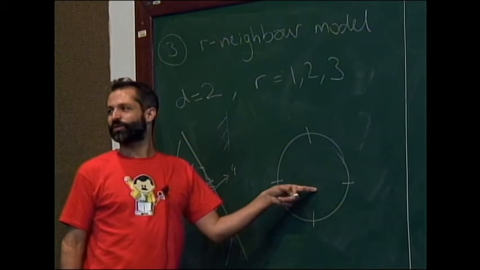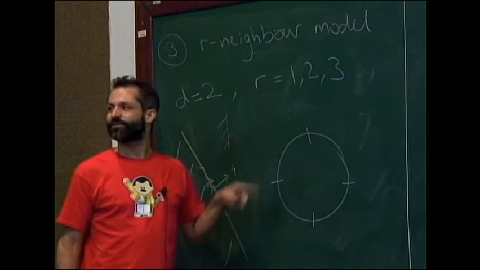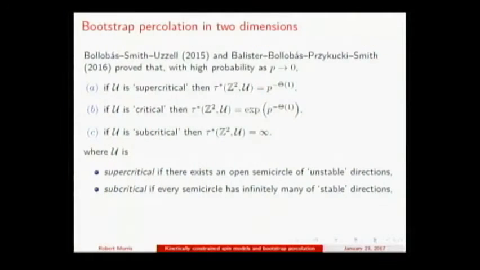For r equals 2, it's not the case, because every semicircle has one of these stable directions. You're subcritical if every semicircle has an infinite number of stable directions, which in the r equals 3 case is true because everything is stable. But it's not true here because there are only 4 stable directions. And you're critical otherwise.